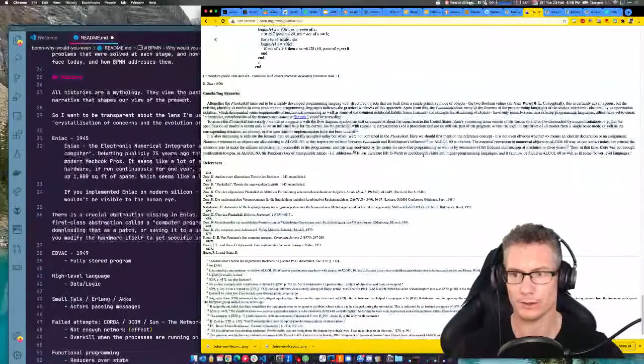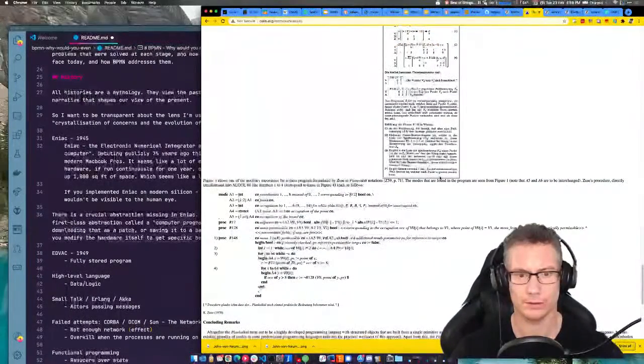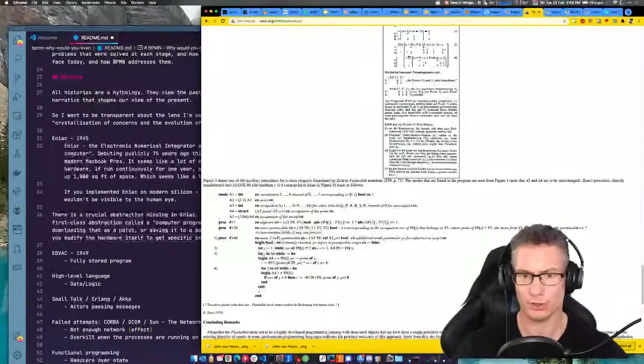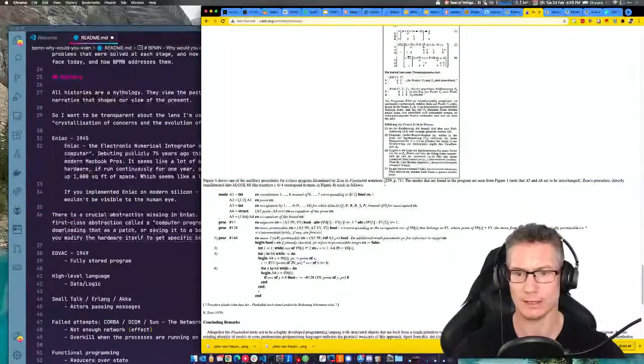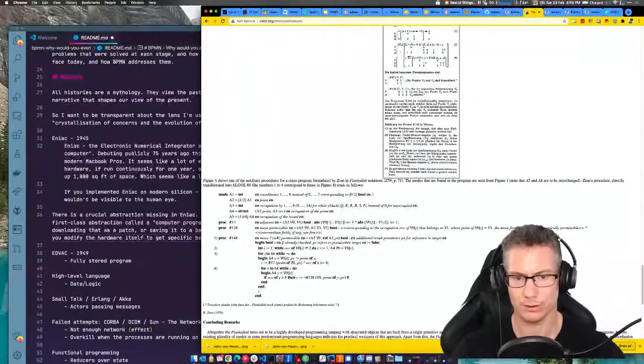Reference context. Concept. Auxiliary procedures for a chess program formulated by Zuse in Plankalkül notation. Come on. This looks like Pascal. Kind of. Oh, it's Algol 68.